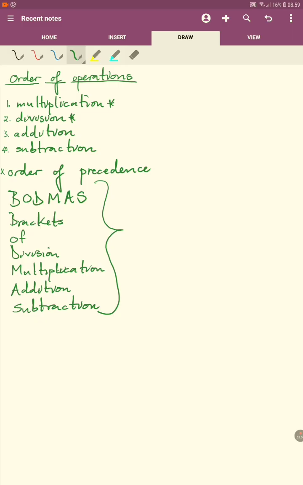So let's say we have a question like 2 minus 3 times 1 plus 4. It's advisable that where there is a multiplication and division, you can put it inside the brackets. So if I put 3 times 1 inside the brackets, if I simplify, I'm going to take down 2, and here I'm going to say 3 multiplied by 1, and I'm going to have 3 plus 4.